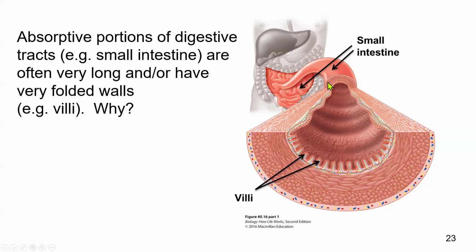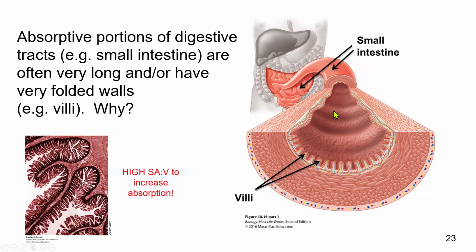And as you can imagine, being really twisted and curvy and long, and also having all of these little villi or fingers surrounding the interior of the small intestine helps to increase surface area to volume ratios to really enhance the efficiency with which the small intestine absorbs nutrients from the food that's been broken down. So once again, structure is related to function. This long length and lots of fingers gives it a really high surface area to volume ratio for nutrient absorption in the small intestine.